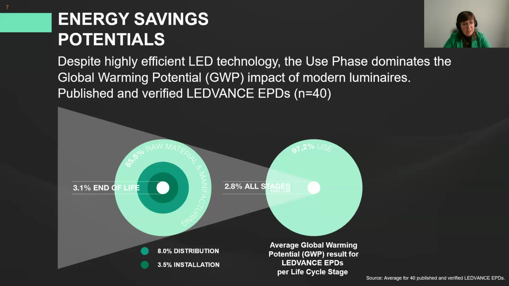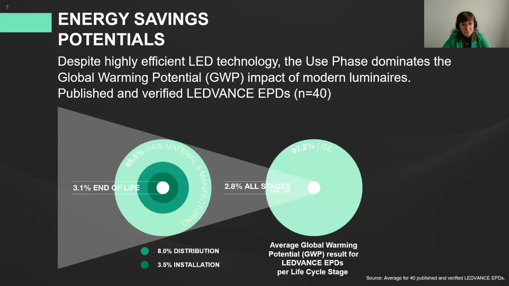Probably most of you know already, the use phase has the highest impact throughout the whole life cycle, especially in the lighting industry. But there are a lot of people, customers, also internal salespeople, who are not aware of that fact. So it's really important to create transparency and visibility of a product's environmental impact.